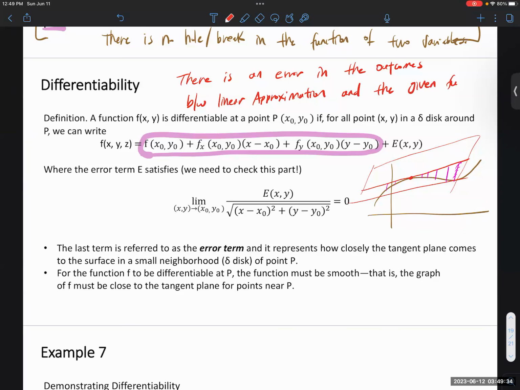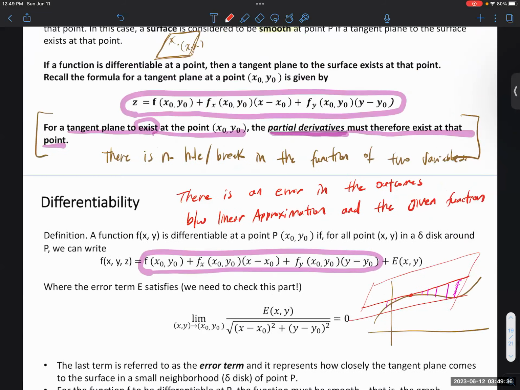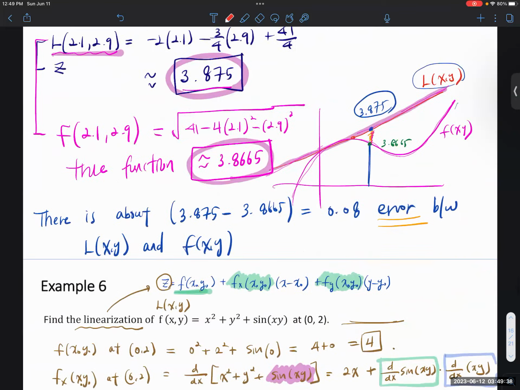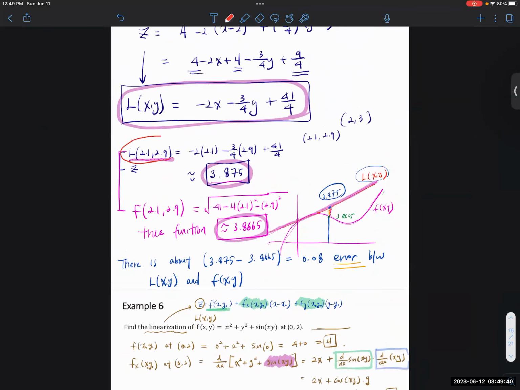We just talked about it, right? So if you go up, actually in this question, this is the linear approximation outcome. This is a function outcome. We found out the gap right there.